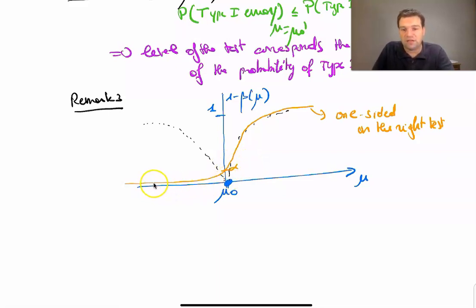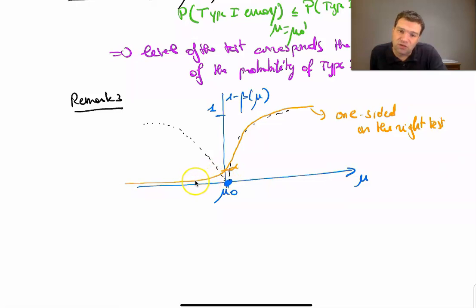And as we have seen, for other values of mu, a hypothetical mu which is smaller than mu naught, the probability to reject when we don't have to reject is a type 1 error.